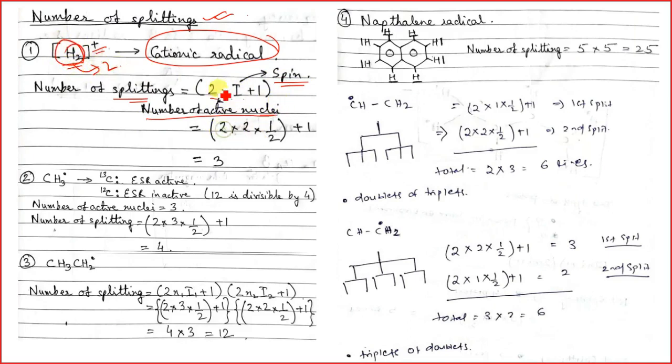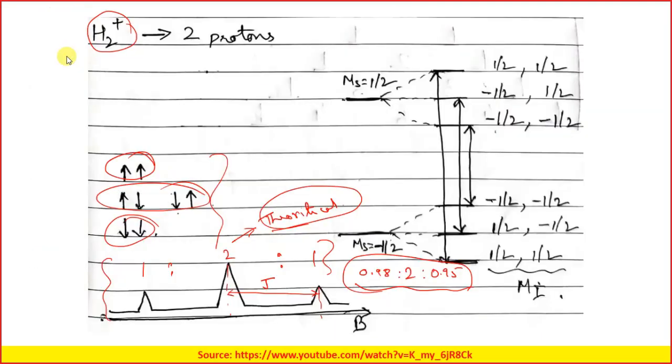So 2 multiplied by 2, because there are two protons, multiplied by the spin quantum number. What is the spin quantum number of the proton? It is half. So we get a total of 3. So for H2 plus cationic radical, we would get 3 peaks. And if you see over here, we have found the same thing, that for H2 cationic radical, we had 3 peaks.